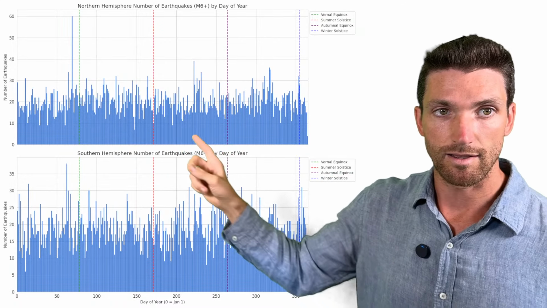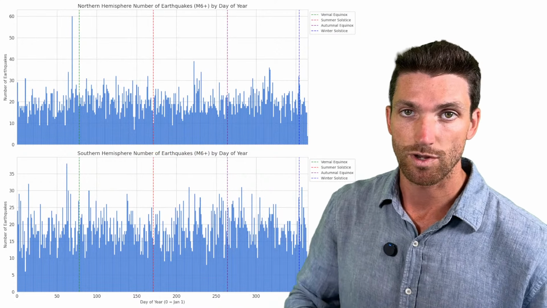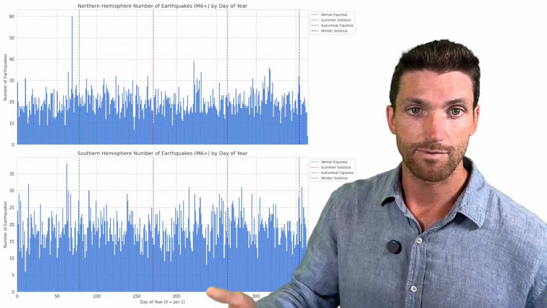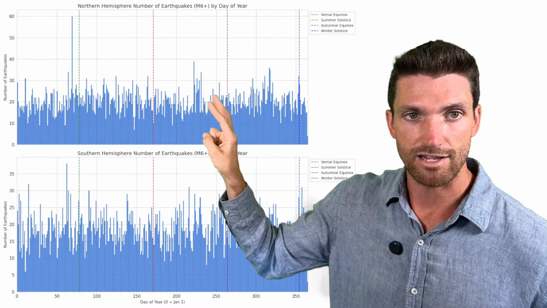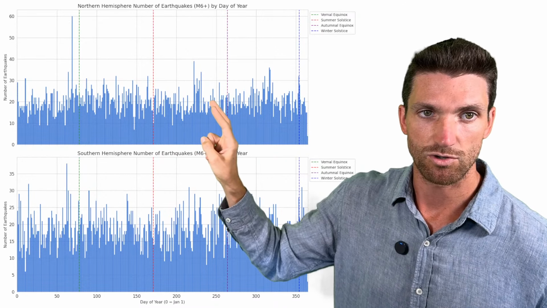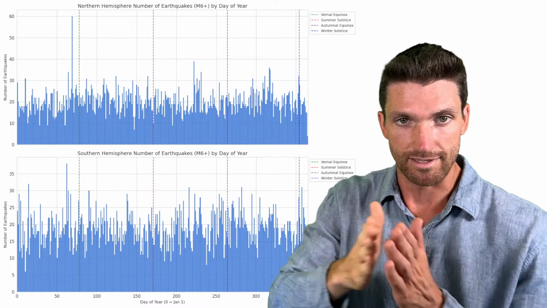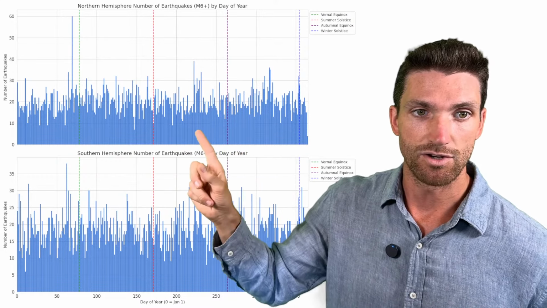And this is, of course, by day of year. And this is for the past 125 years or so. So it's not like we get a magnitude 6 every single day, but there does seem to be a clear trend there where we get more magnitude 6 plus earthquakes right around the date range that we are in now, middle of August, in the Northern Hemisphere.